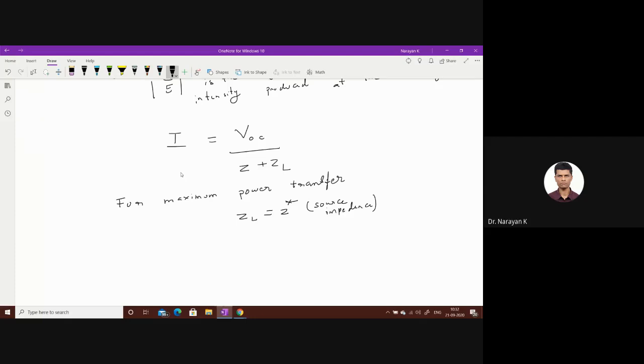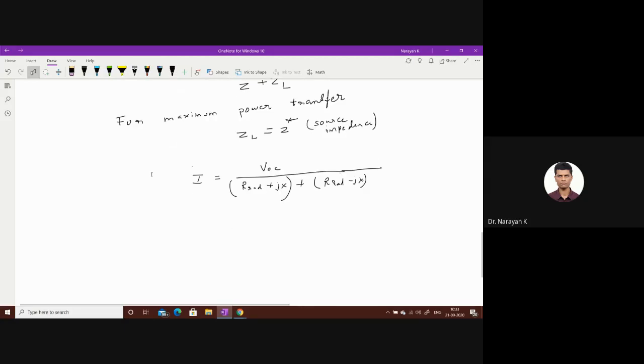So I can rewrite this as equation 2. I can rewrite equation 2 as I is equal to VOC divided by R radiation resistance plus jX plus R radiation resistance minus jX. Is it correct, all of you? Yes, sir.